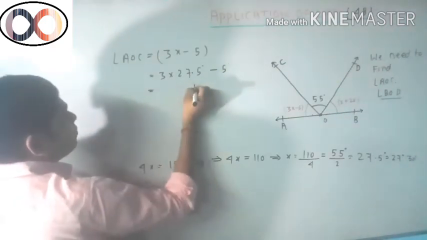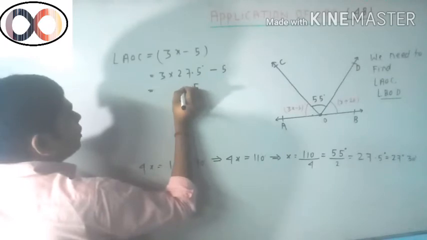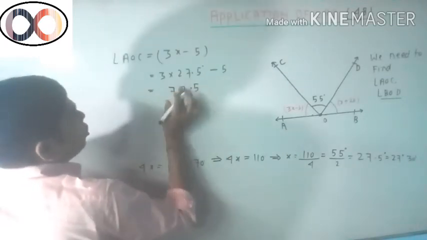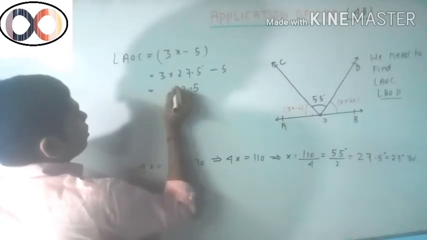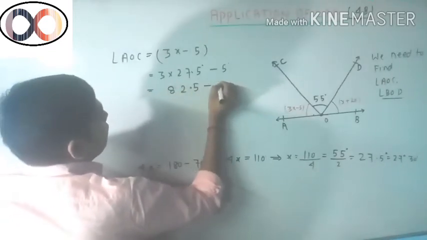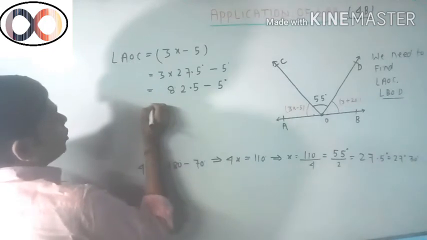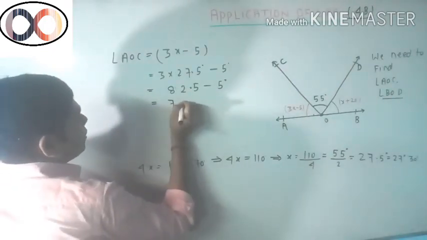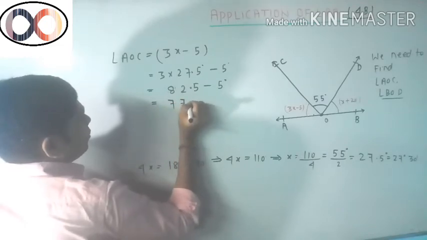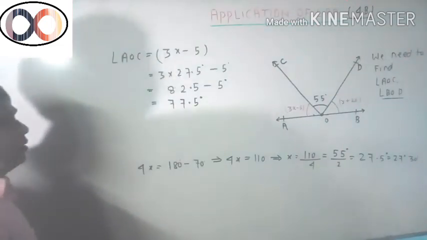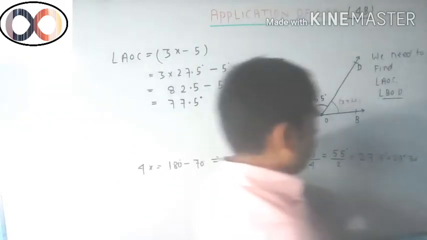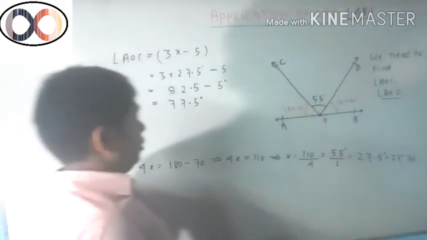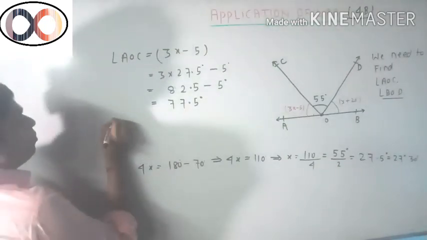So 3 2s are 6, 2 8, minus 5 degree. So we can write here 82 minus 5, that is 77.5 degree. Okay, that is the value of AOC.